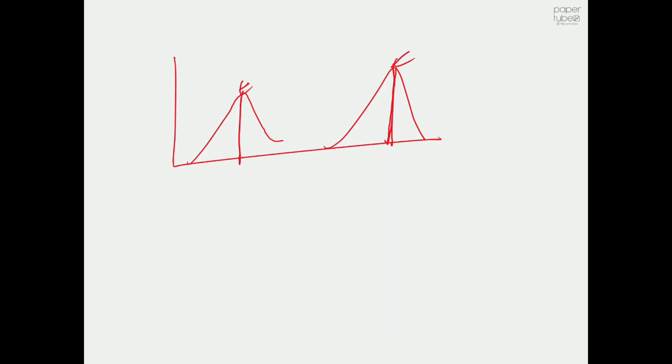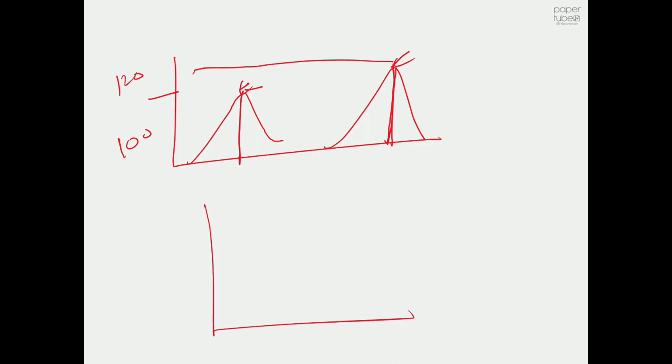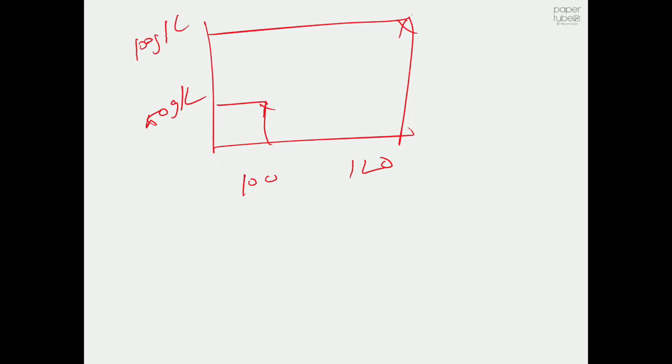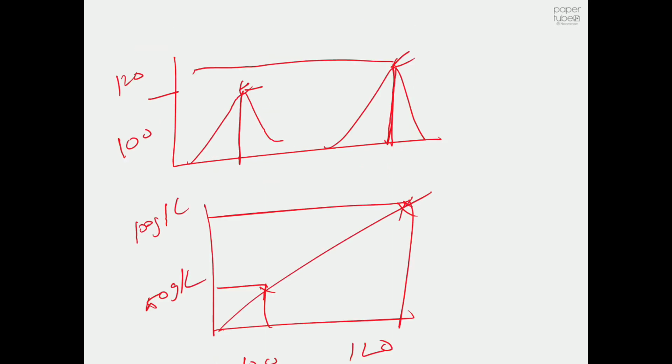Say this peak height is 100, and this peak height is 120, and they correlate these values 100, 120 with some concentration, say 100 corresponds to 50 grams per liter, 120 corresponds to 100 grams per liter. This is completely wrong. We have to take the area under the curve.